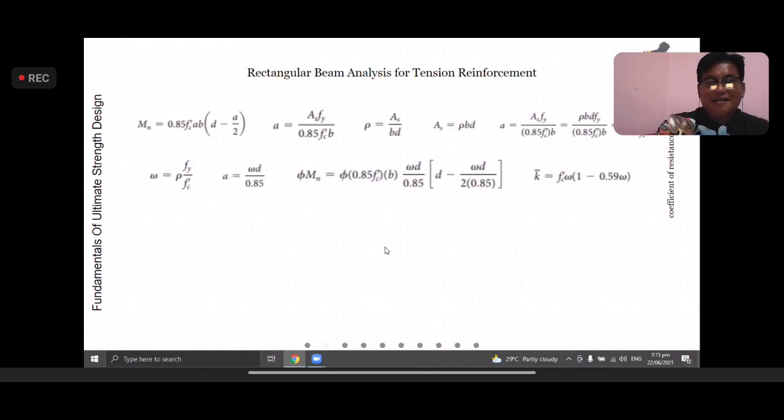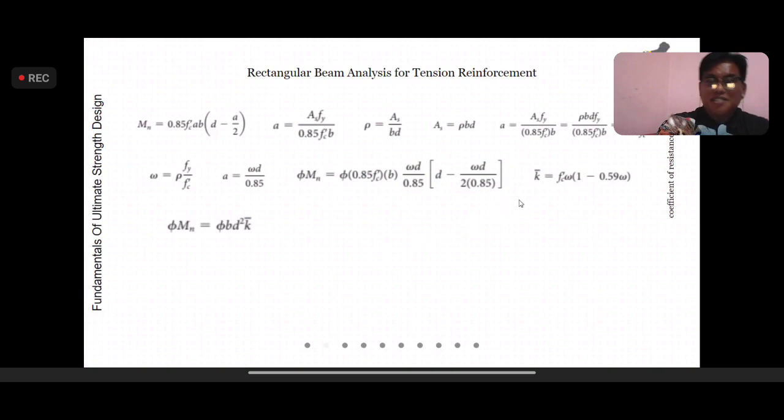And then, by virtue of that coefficient, naalala niyo ba yung moment coefficient of resistance na R sa WSD? R, di ba, ang R ay 1/2 fc kj, na kung saan ang fc ay 0.45 fc prime plus kj. Yung R na yun, parang K-bar.